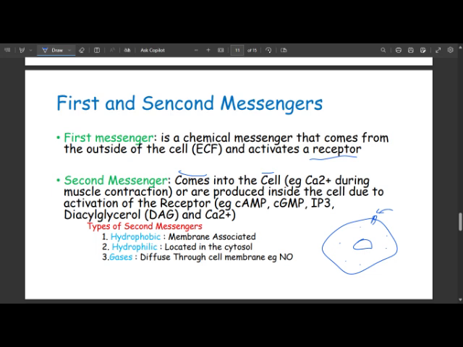So an example of one that comes from outside to inside the cell is the Ca2+ binding during muscle contraction. It's the second messenger that gets into the cell after you have activation of DHP receptors, the dihydropyridine receptors, which are voltage-gated channels for calcium, by the way.